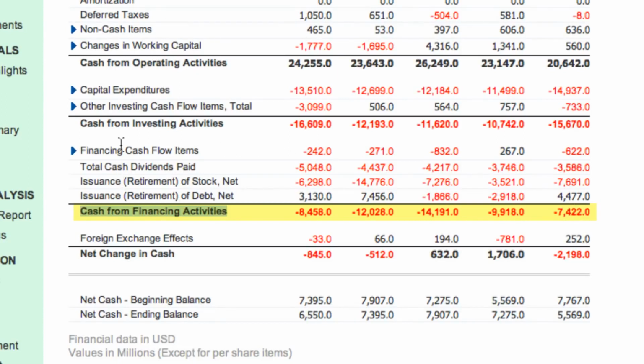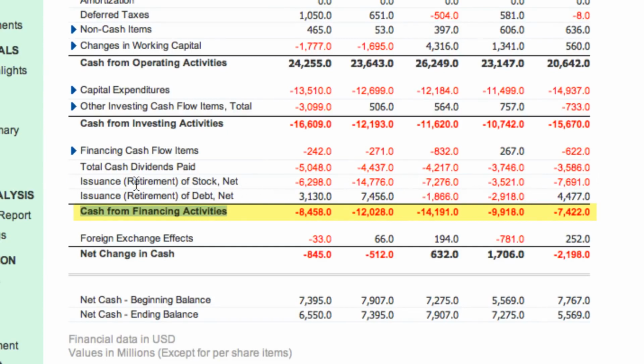This is where you can drill down and look at the individual lines that make up that financing activity. $3.5 billion of that financing activity went to paying dividends. See how it says total cash dividends paid. Since that's a negative number, that's the money flowing out of the business to the shareholders, and the shareholders received $3.5 billion in dividend payments.